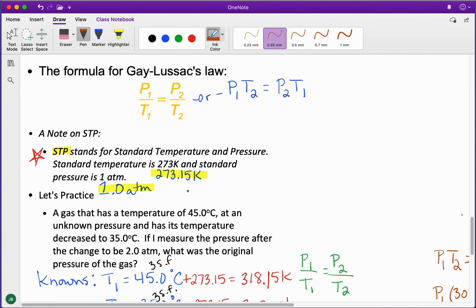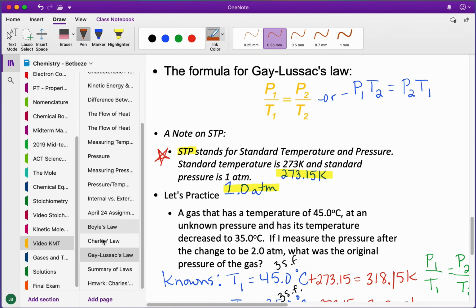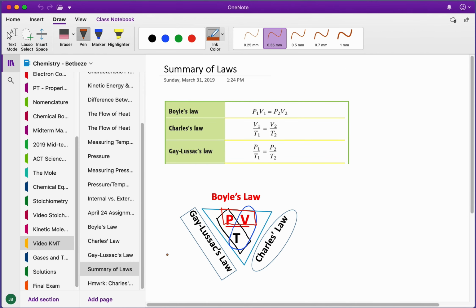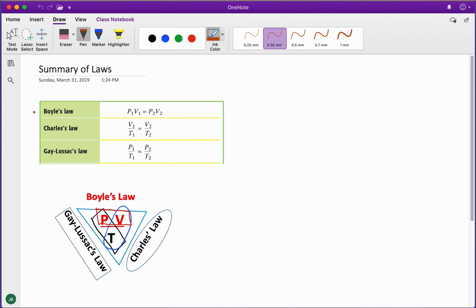And don't forget our little special note on STP. STP stands for standard temperature and pressure. Standard temperature is 273.15 kelvins, and standard pressure is 1.0 atmospheres. And I do have a page in here that gives you a little summary of the laws. Now notice once again, ladies, that these laws are written how you're going to see them in most textbooks, websites, and videos.